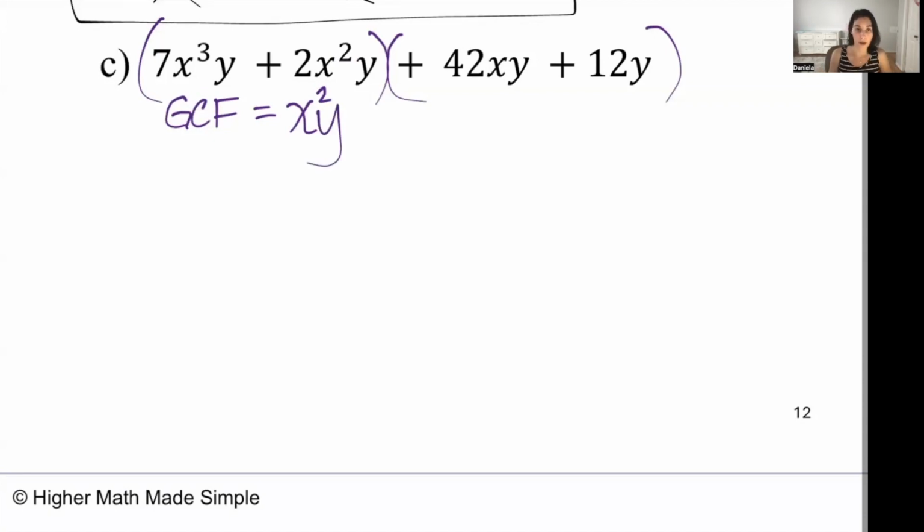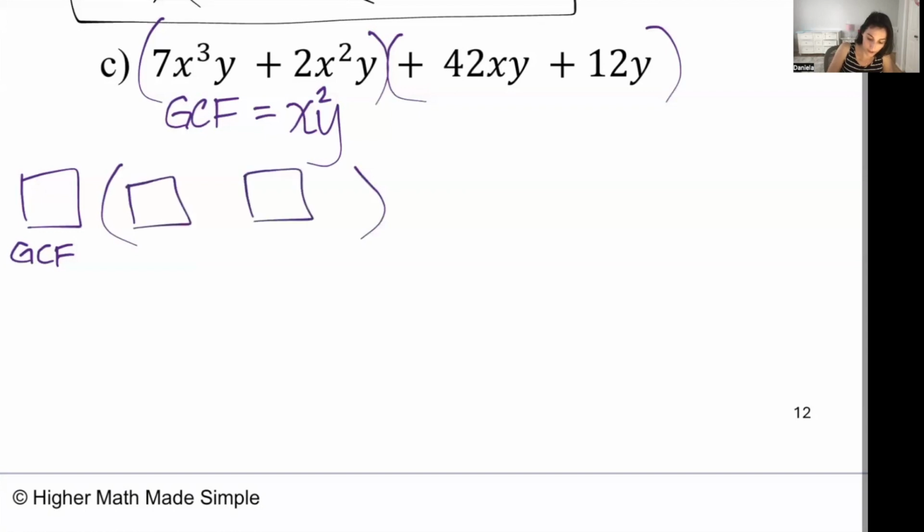So let's factor using the GCF method for group number 1, right? So we're going to set ourselves up. There's 2 terms, so there's going to be 2 boxes. The GCF goes here on the outside. So x squared y times what gives me 7x cubed y? Well, I need a 7, right? We have 2 x's.